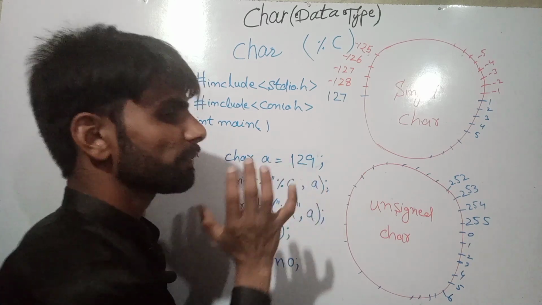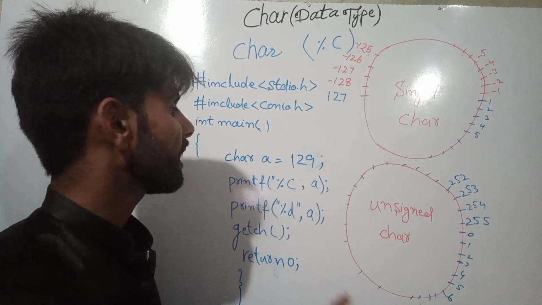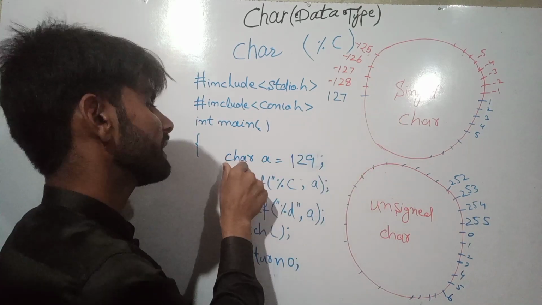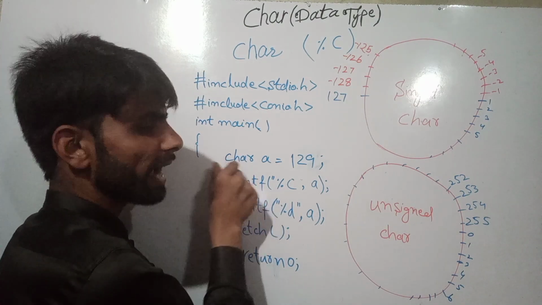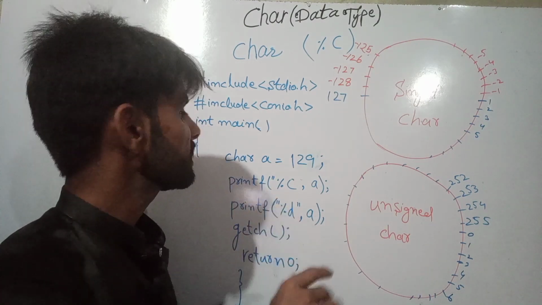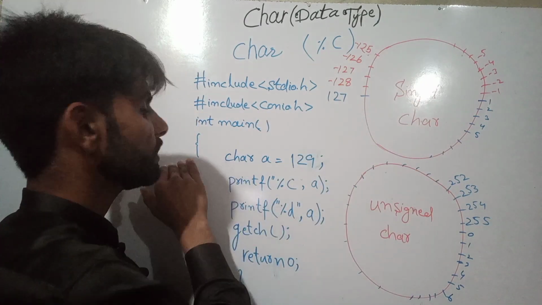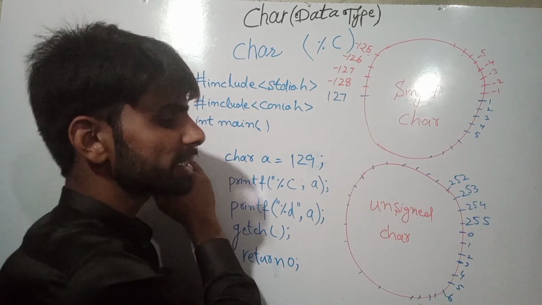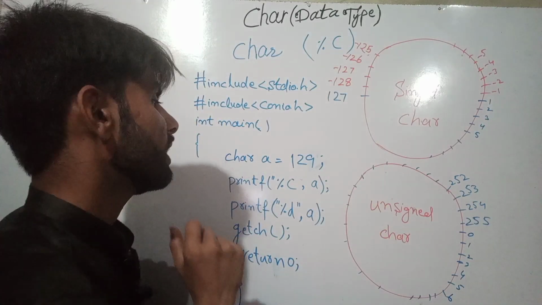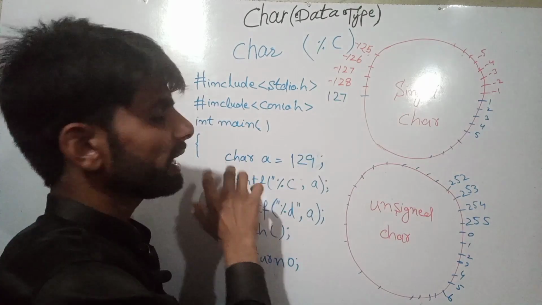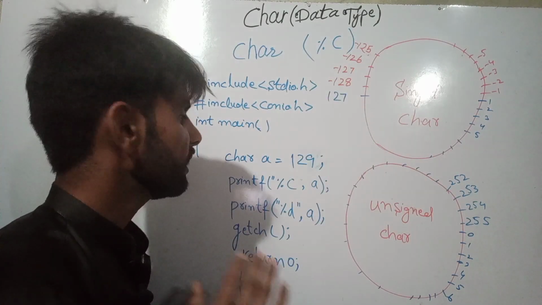When we assign any variable a value, the compiler checks the range of the data type that we have declared here. When we declare the char data type, this is signed char by default, because if we specify unsigned char, then the compiler checks the unsigned range, right? So generally we write it as signed char, right?